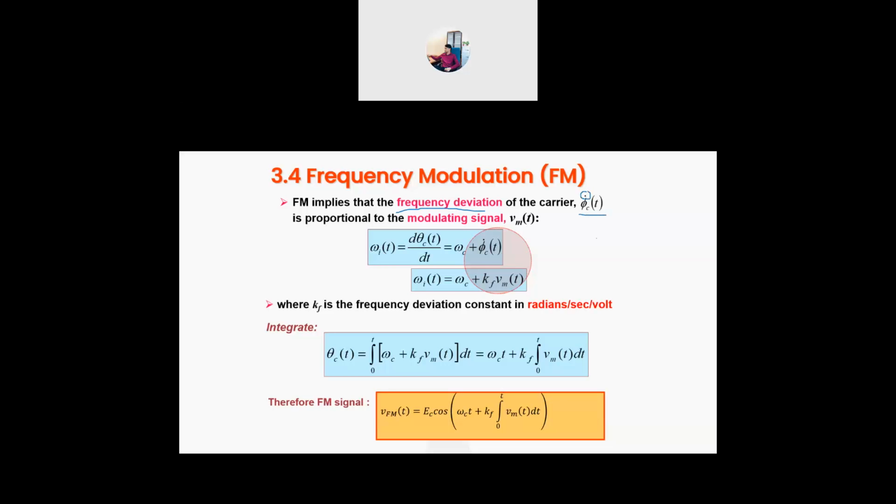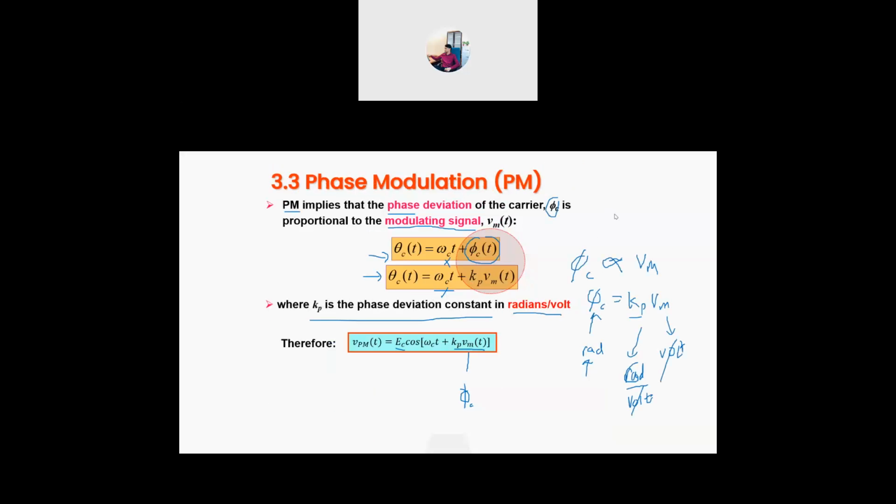Let's see the previous slide where this was first introduced. Here, omega i, the instantaneous angular frequency, is equal to d theta c over dt, and you will have the carrier with the instantaneous angle value.